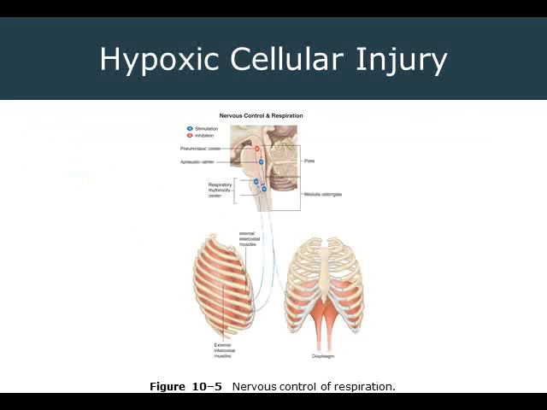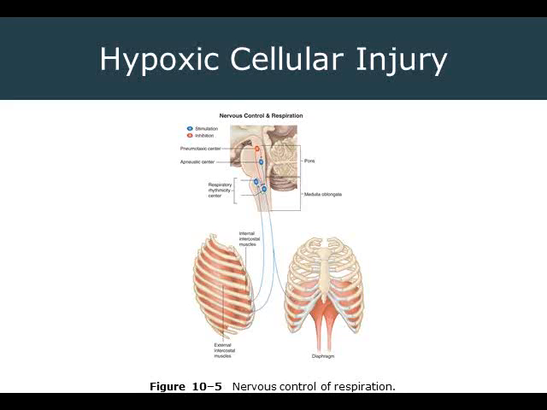Now maybe we have a nervous control issue. The nerves that control the respiratory patterns and the respiratory function are knocked out. So if we look at this, you can also see this on page 241 in your text. If we look at this picture, we have a couple of different pathways that we deal with.